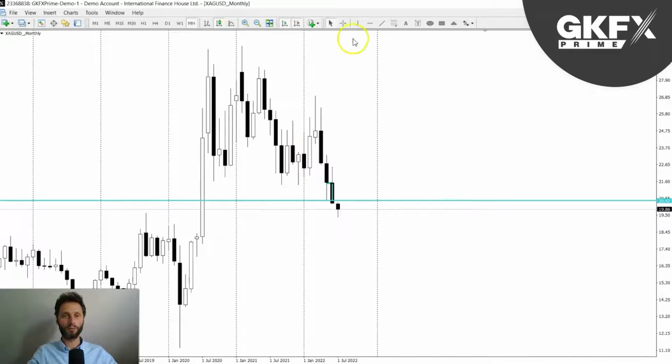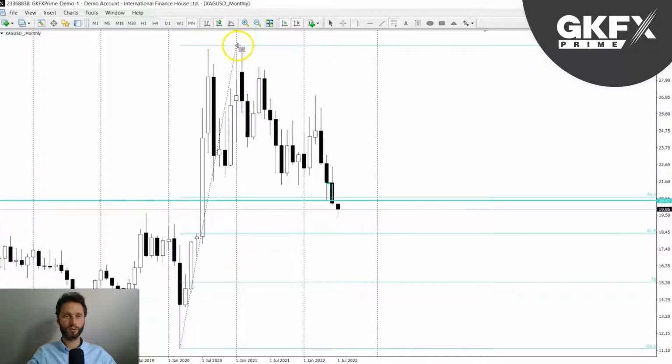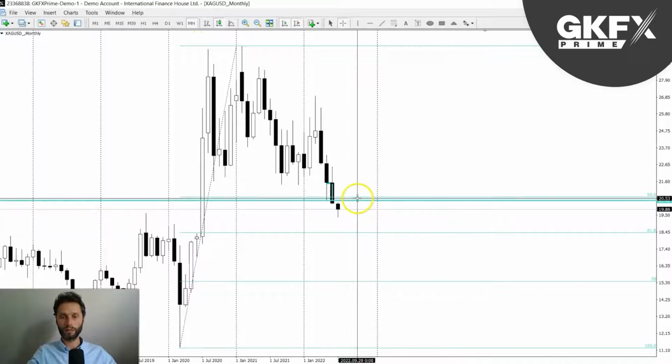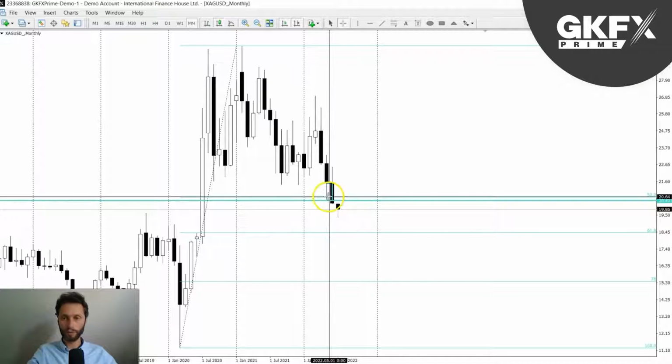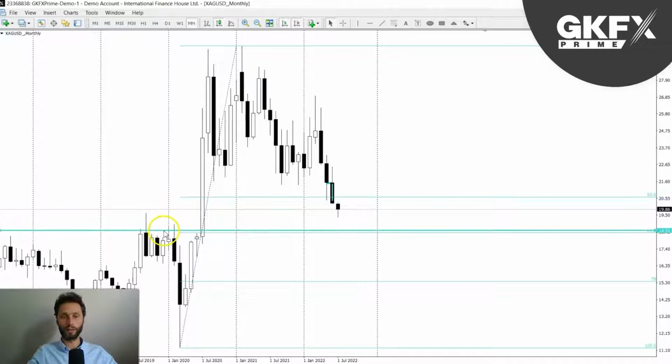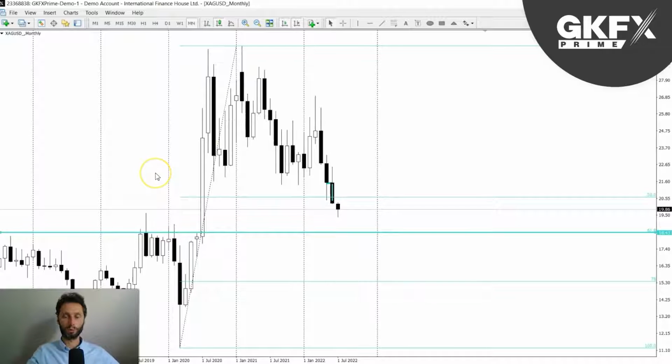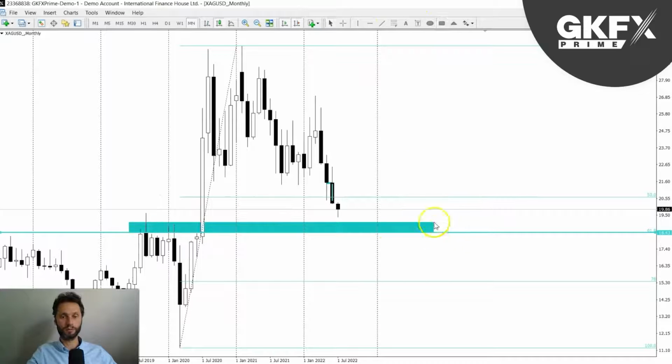If I zoom out and take a fib on this whole big move, where we began this massive run up to the high, we're now sitting at a point between the 50 and the 61.8, and I would prefer the market to reach the 61.8 level before properly exhausting itself, which also coincides with this support resistance level.